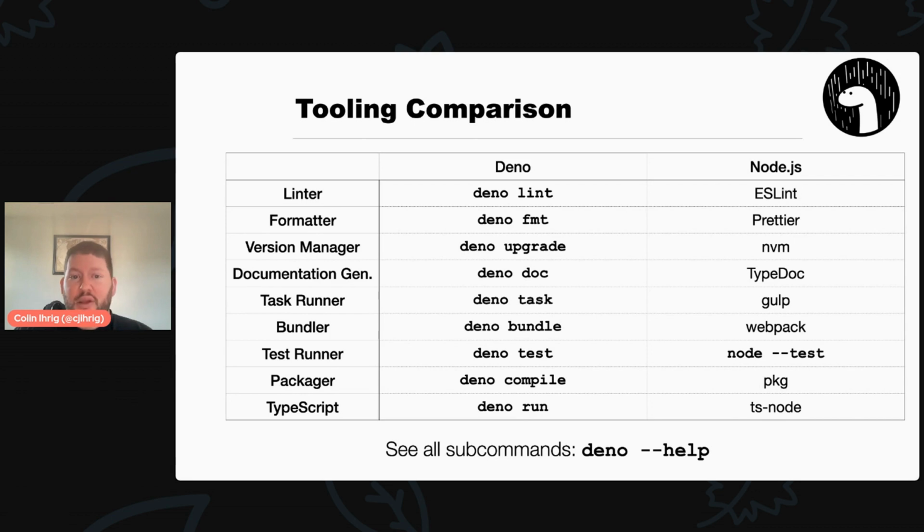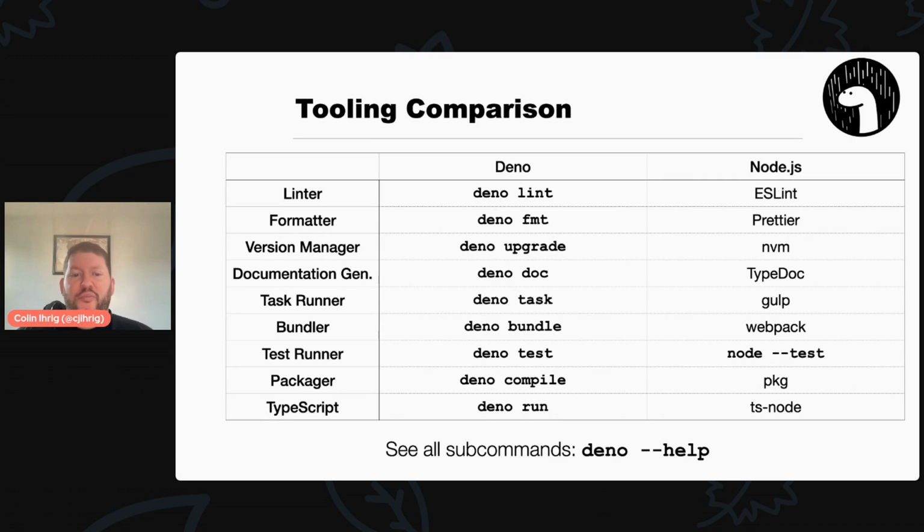Version management is a big one. Deno has deno upgrade, whereas on the Node side, NVM is probably the most popular option for version management, but I don't think it even supports Windows. So there's different things you might have to mix and match depending on your platform, whereas Deno gives it to you out of the box. Deno also has a documentation generator, a task runner, a built-in bundler.